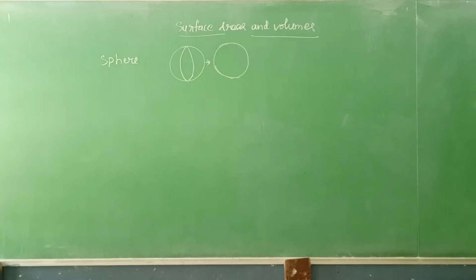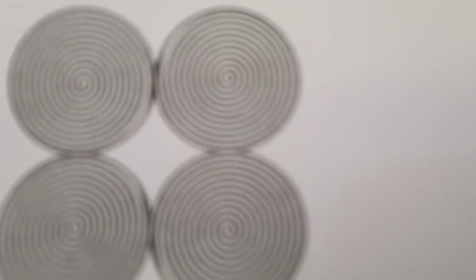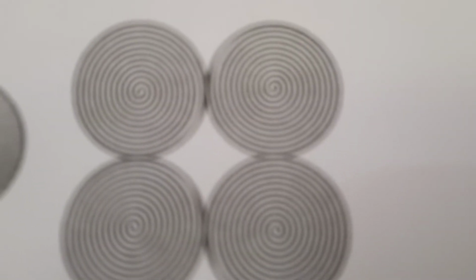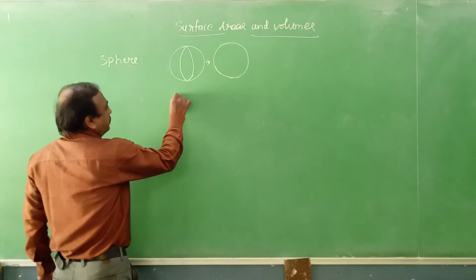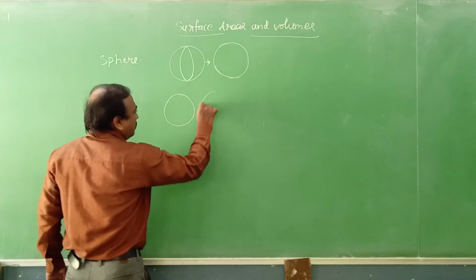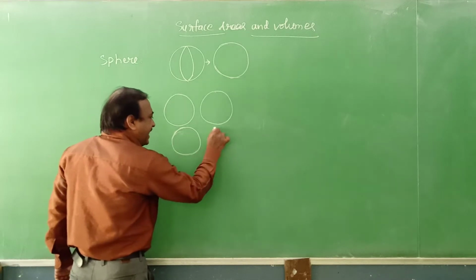Now if you want to find out the surface area of the sphere, slowly keep filling these circular regions, these four circular regions. If you fill them, that is nothing but the surface area of the sphere. These are the four circular regions, 1, 2, 3, 4, of equal radius.